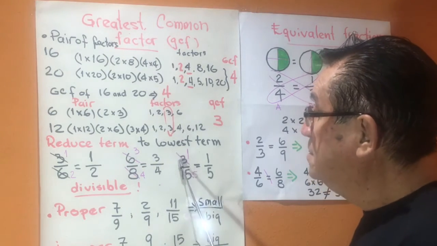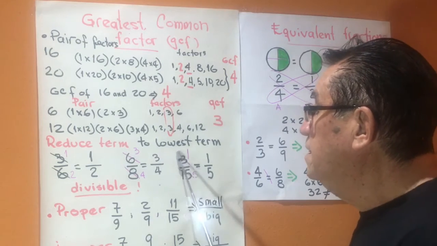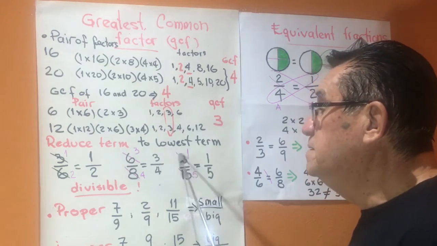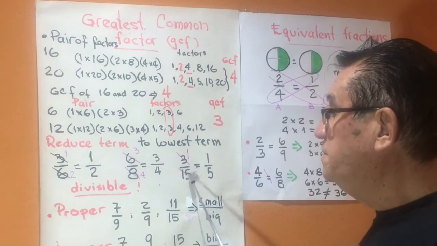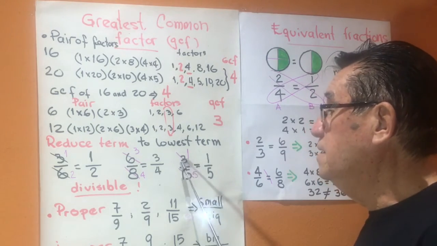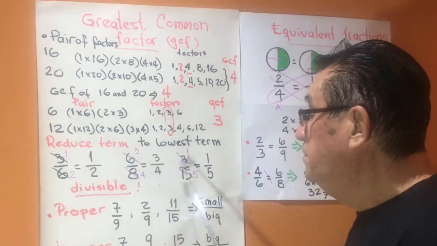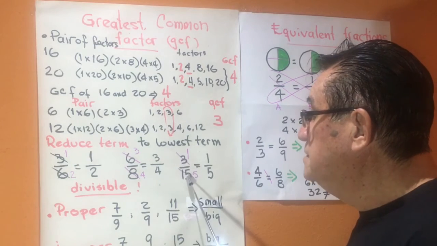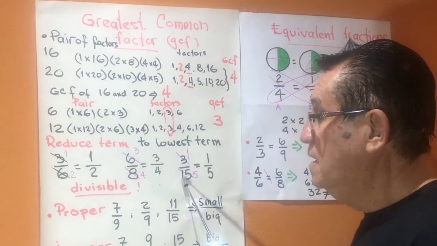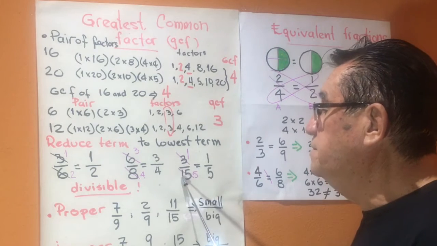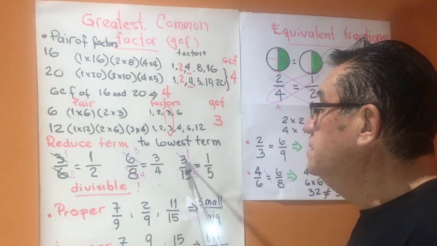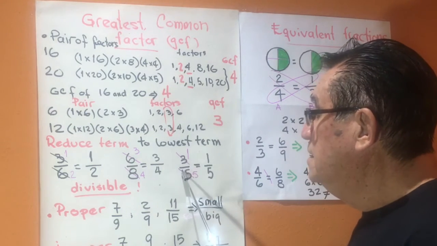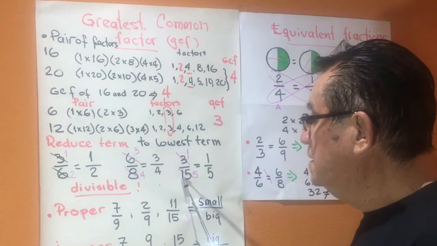Again, if I get 3/15, I have to see if they are divisible. The only number that could divide both is 3. And that's the only number because 1 and 5 make 6, which is divisible by 3. So 3 divided by 3 is 1. How many 3's are there in 15?